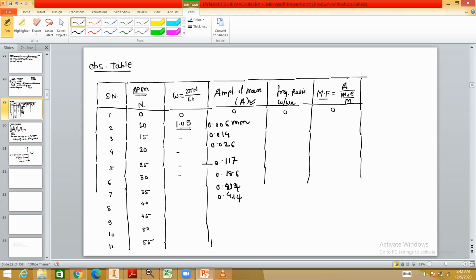Then for 40, it is 0.414. For 45, the value is 1.242.